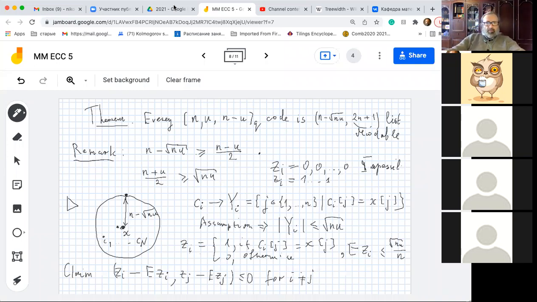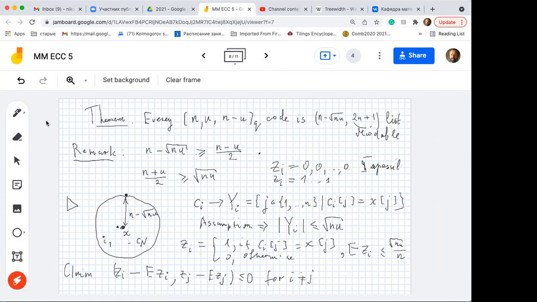In the last class, we proved the following theorem about list decodability of arbitrary codes. So this is the statement of the theorem. Assume that we are given a code with block length n, and the dimension can be arbitrary, so let's fix some dimension k.